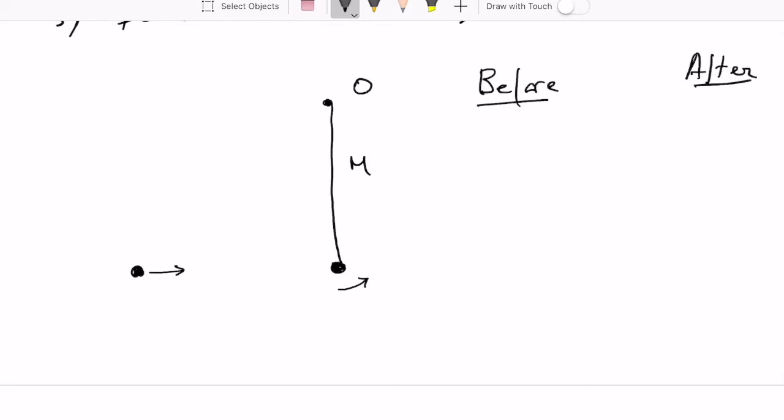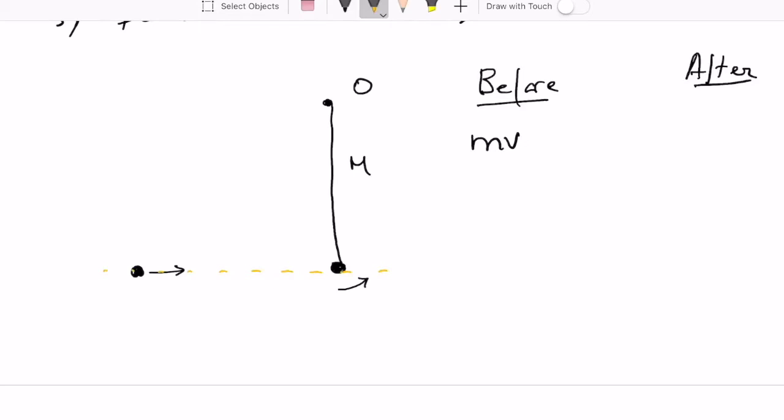So before the collision, it was only the point mass that was moving that had angular momentum. What is the angular momentum of this point mass? So this is a point mass moving in a straight line. So its angular momentum can be found from r perpendicular multiplied by p. So p is the momentum of this point mass, it's going to be mv, and r perpendicular would be this distance.